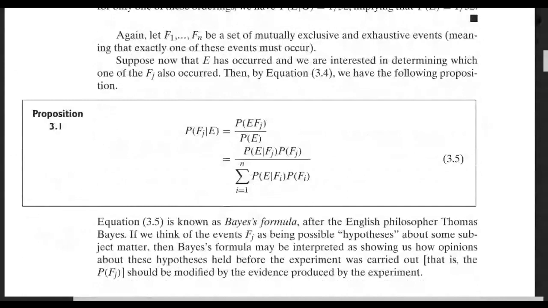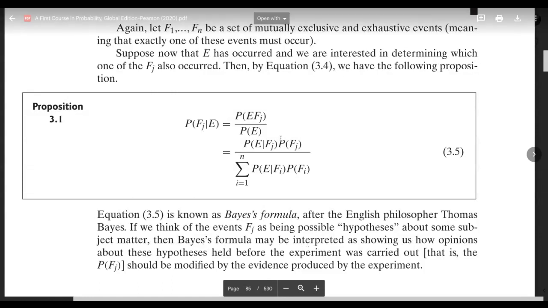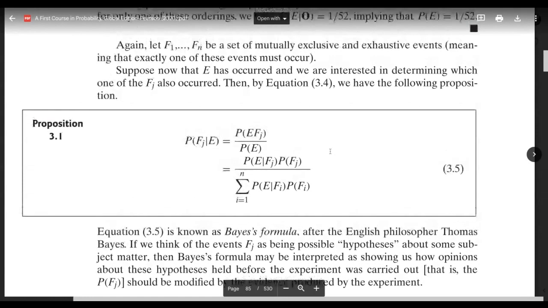Okay, Bayes' formula. So F is still the F from above.